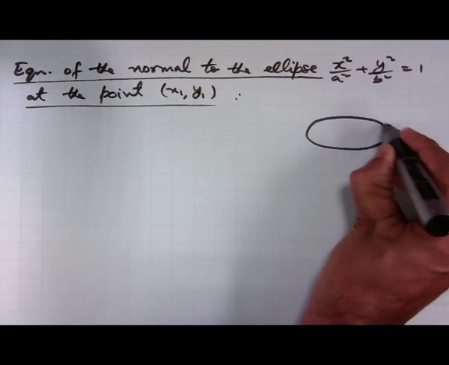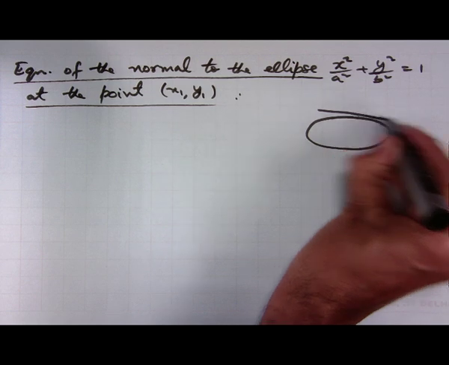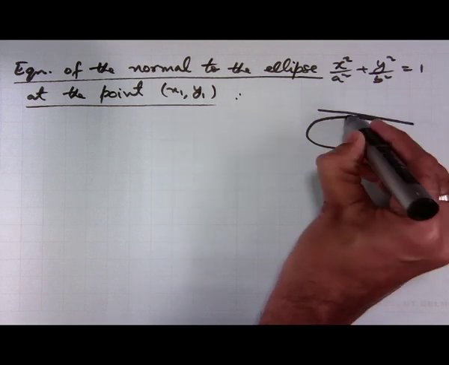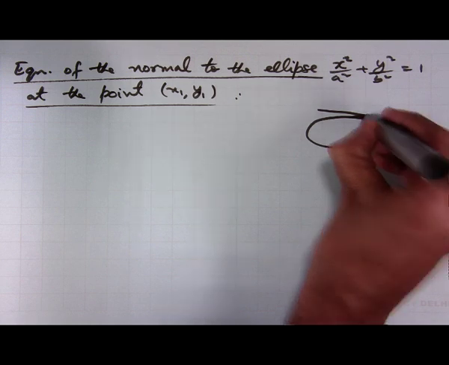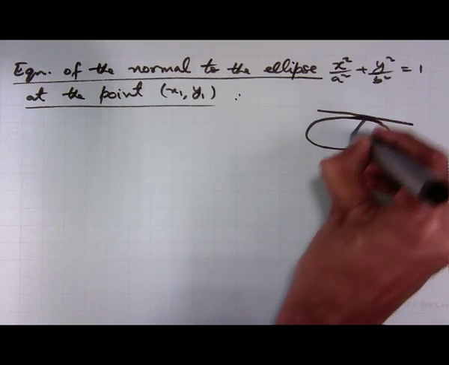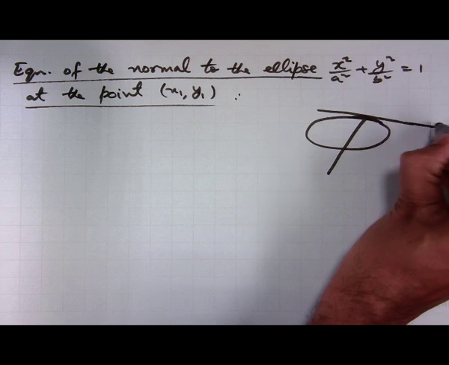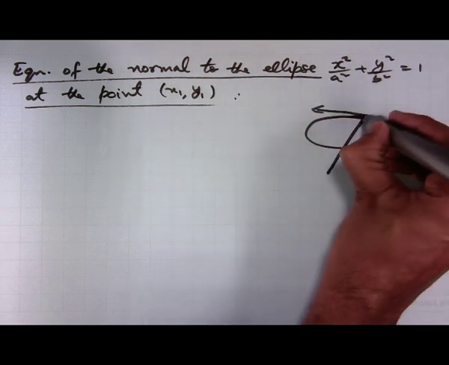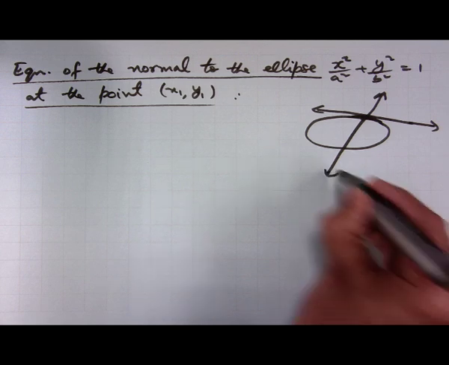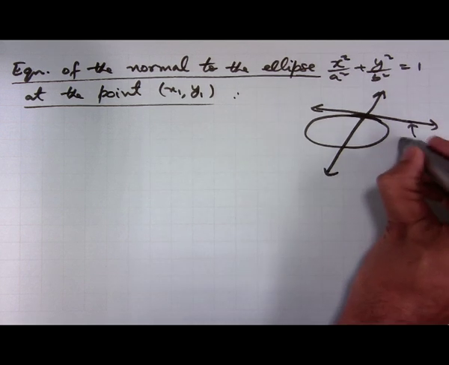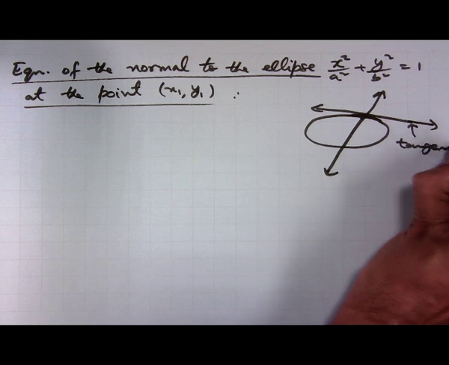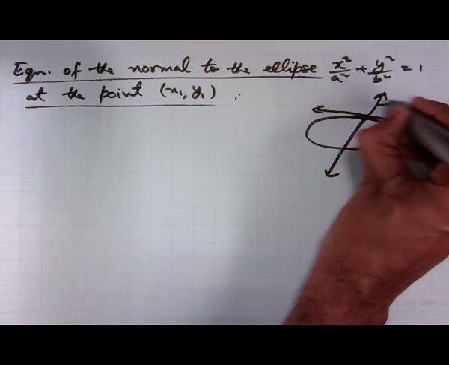So, what is normal to a curve? It is the line which is perpendicular to the tangent line. So, this is a tangent line and this one is normal.